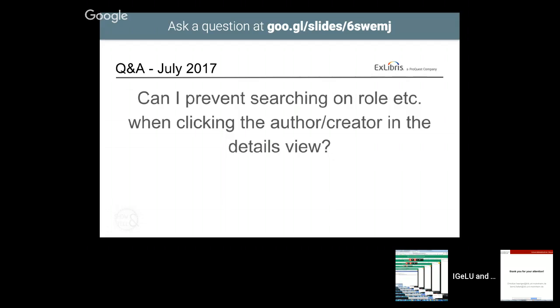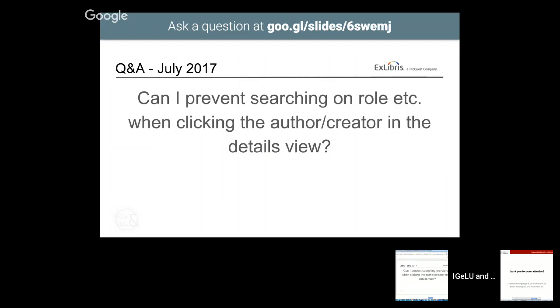So the next question would be, can I prevent searching on the role, etc. when clicking the author in the details view? I don't know if this question is clear. Actually, not really. If the one who asked can explain, it would be great.